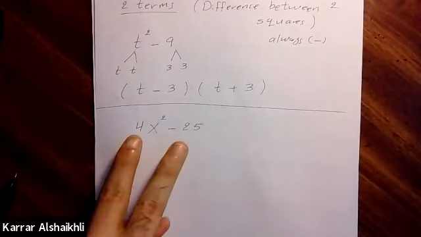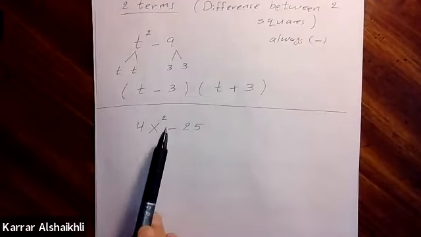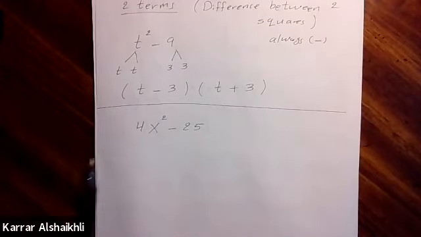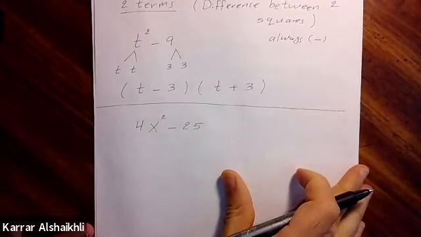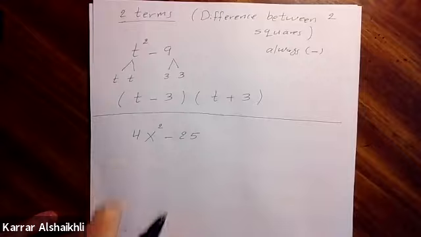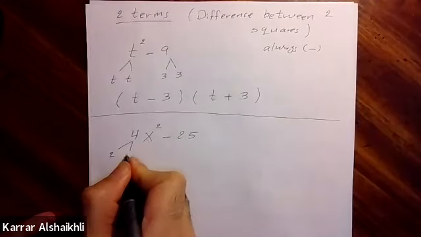Step 2, I have two terms. That means I'm going to use the difference between two squares. Is that a difference? Yes, because it's always supposed to be minus between two squares. This is minus now. 4, give me two numbers, exactly the same number, that when you multiply by itself, you get 4. 2, I'm working only on the 4, so this is 2 times 2.